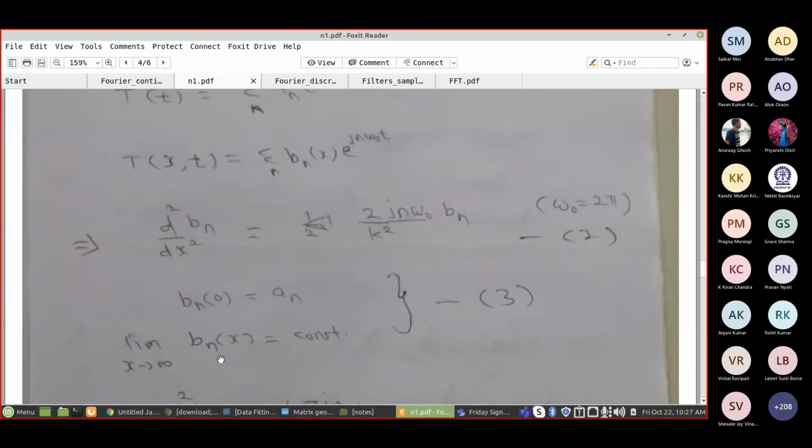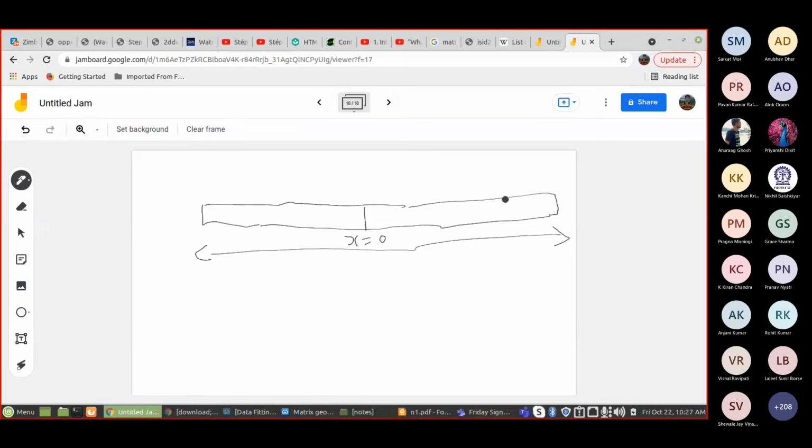and we are also given that Vn does not go up to infinity at the extremes. Of course, temperature stays finite at the extremes of this infinite rod. It does not shoot off to infinity. That is also given to us.